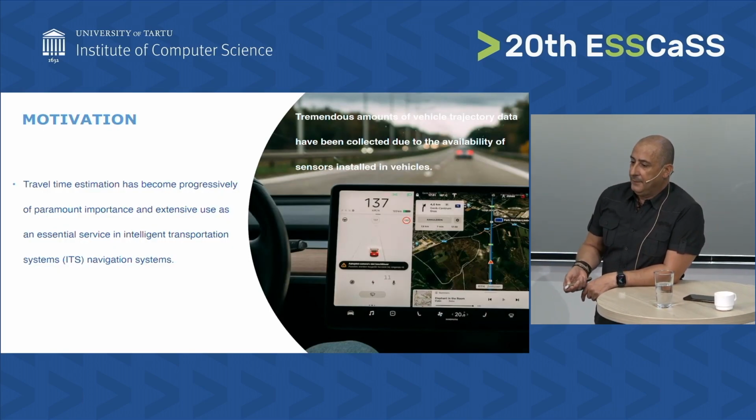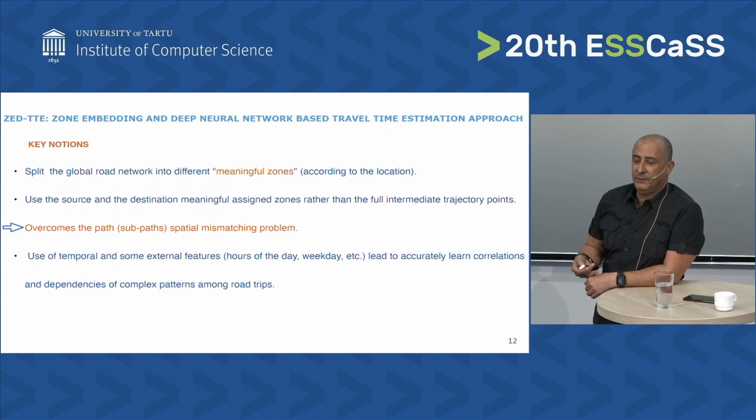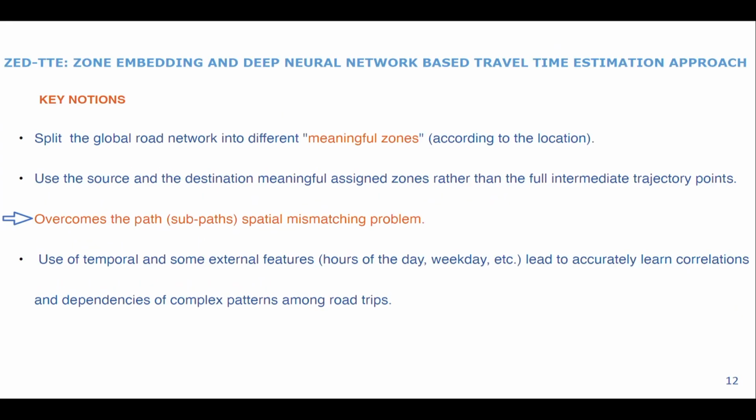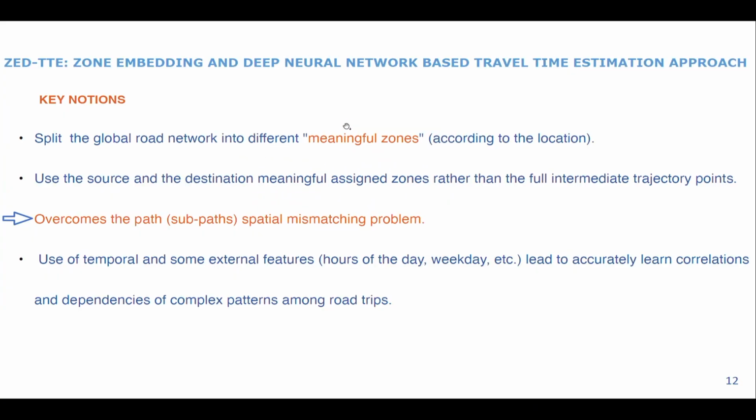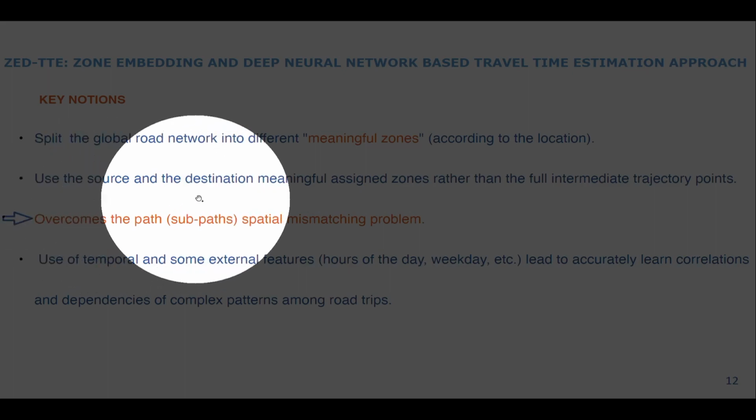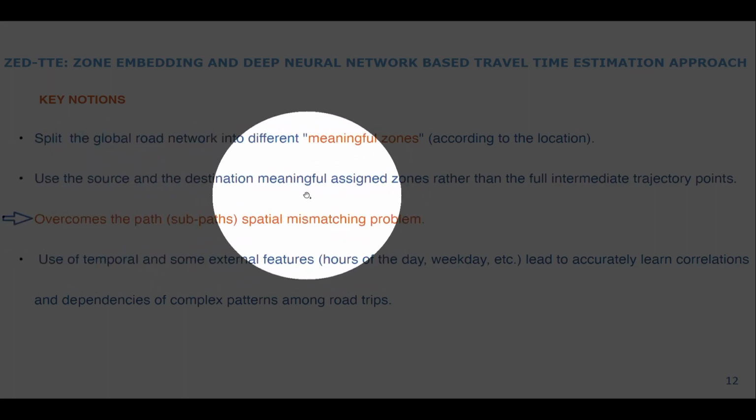So for travel time estimation, we developed a couple of years ago a new approach, where the idea is to split the data, this time series data, into what we call meaningful zones. By doing so, we are able to overcome the path and what we call subpath spatial mismatching problem.